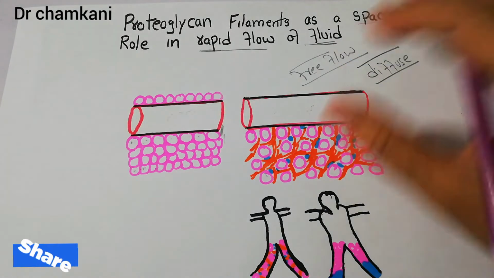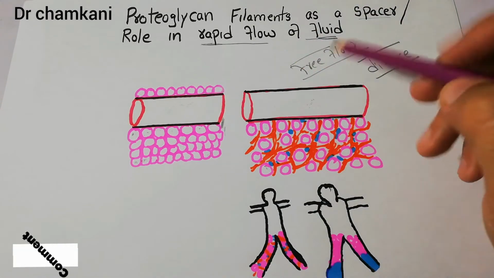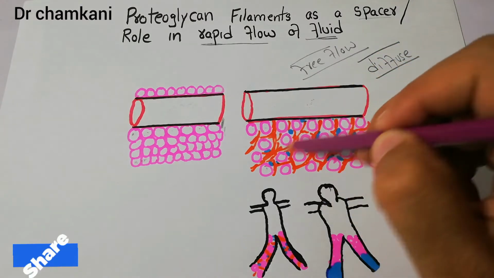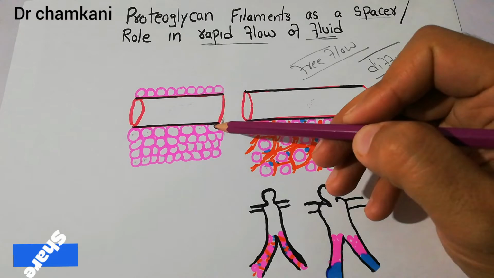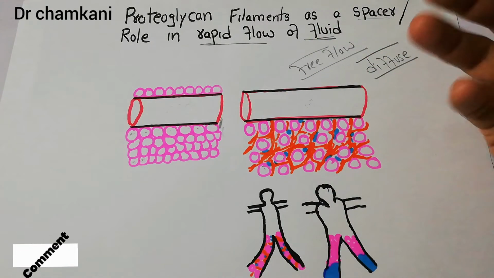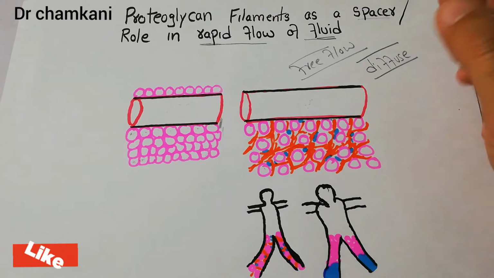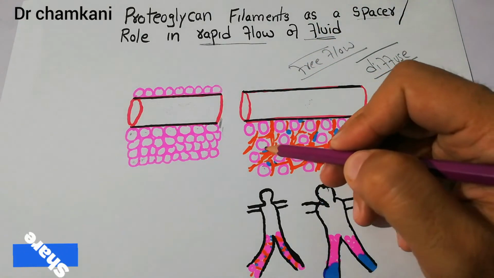Nutrients can diffuse, but the fluid will not move freely. Now, the second advantage is that if there were no proteoglycan filaments, then fluid would move. We were discussing the diffusion of electrolytes and nutrients, but the movement of free fluid is basically prevented by the proteoglycans.